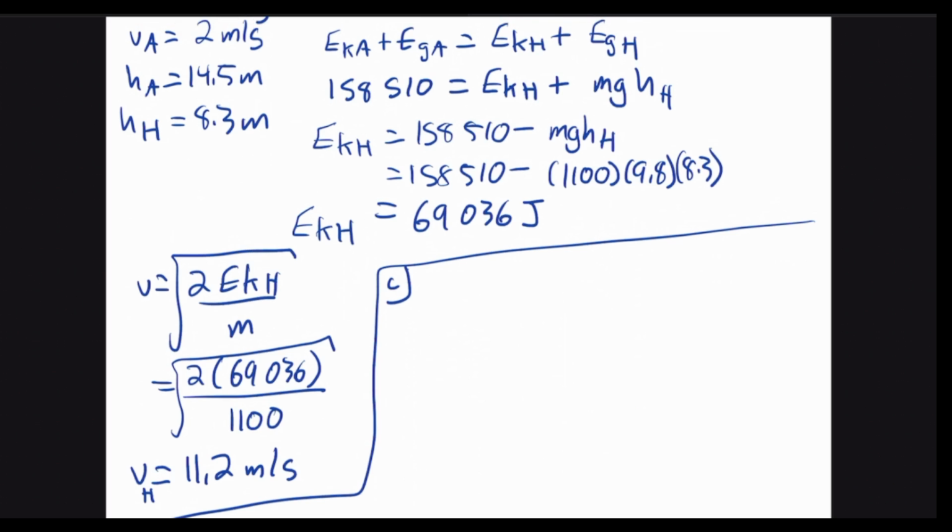So our total energy, at any point, was at point A, now at point H, because it doesn't lose any along the way, is 158,510 joules. I know the mass of the roller coaster is 1,100 kilograms.